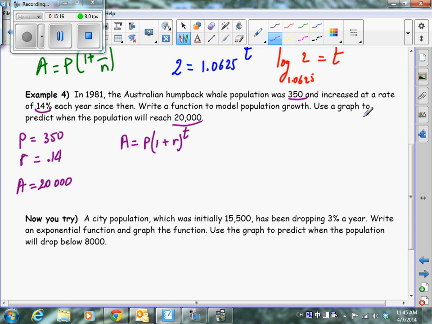Use a graph to predict when the population will reach 20,000. Now remember, A is something that's for the second portion. So all we know is A is equal to P, which is 350, times 1 plus r, which will be 1.14, to the t. This is the equation.